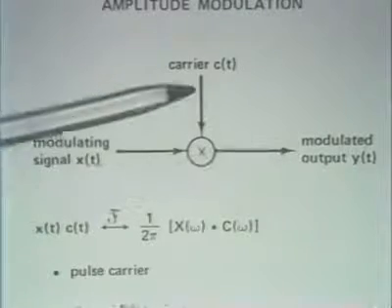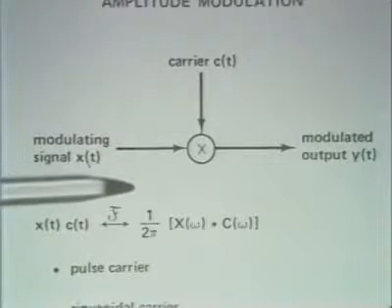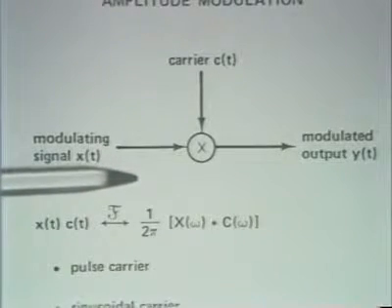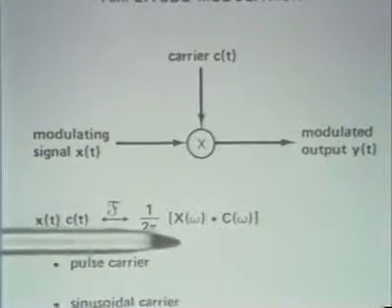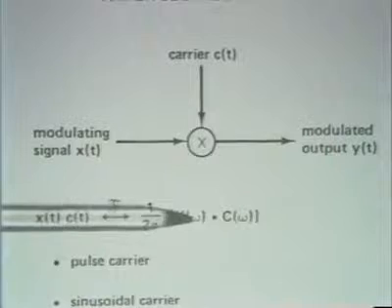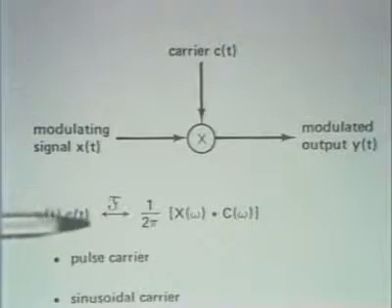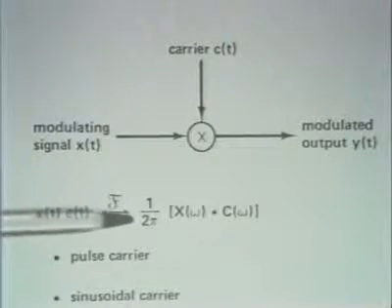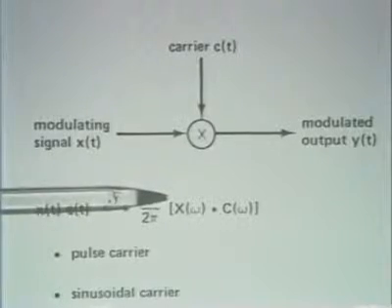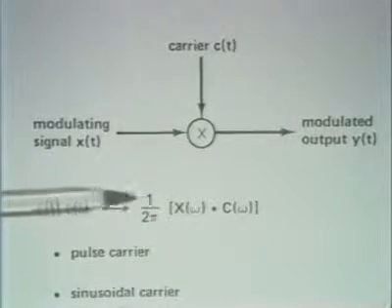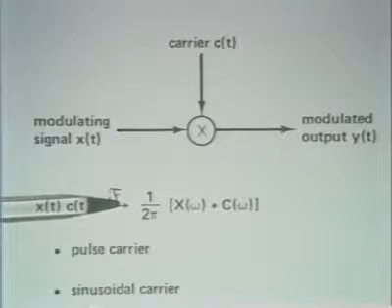Now, to analyze this, since we have multiplication in the time domain, we know from the modulation property of the Fourier transform that we've developed previously that multiplication in the time domain corresponds to convolution in the frequency domain. And it's this basic property or equation that lets us analyze in some detail the notions of amplitude modulation. As we go through this lecture and the next lecture, we'll be talking about several different types of carrier signals.